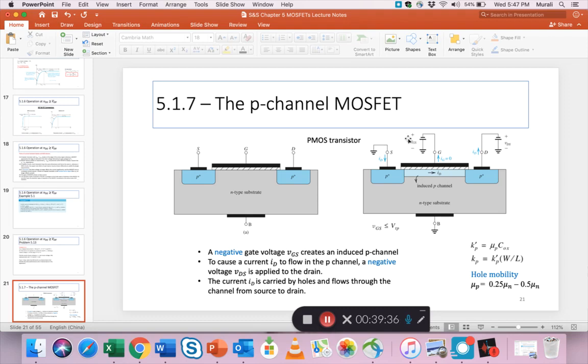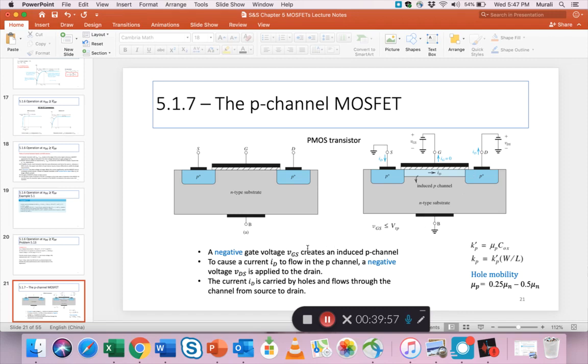Okay. Also notice that the gate to source voltage is negative in this case, right? Previously for NMOS we made that positive, while here it's negative. Similarly, the drain to source voltage is also negative. So this is the opposite of what you see for the NMOS.